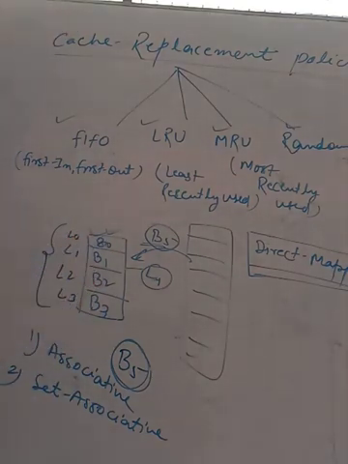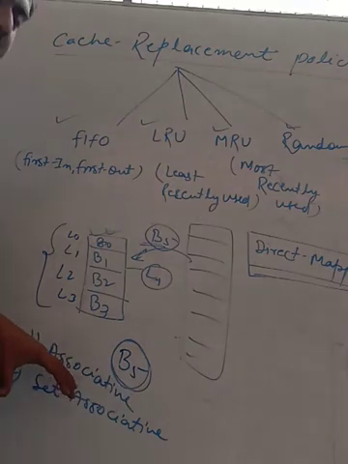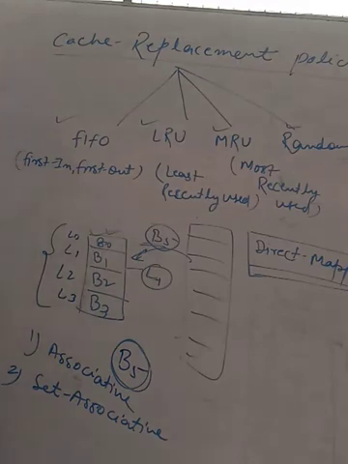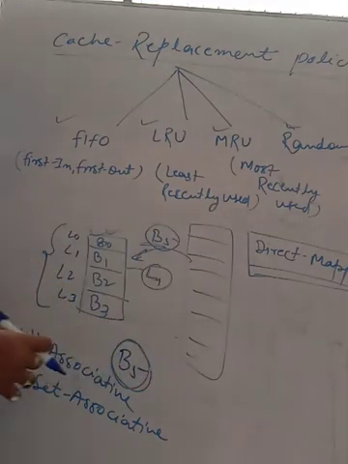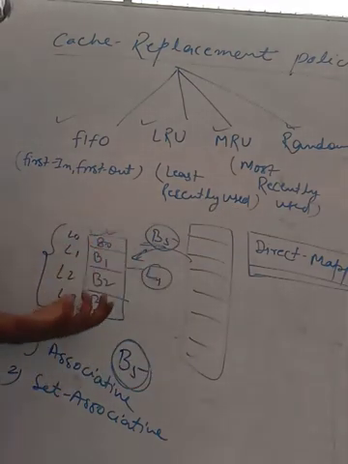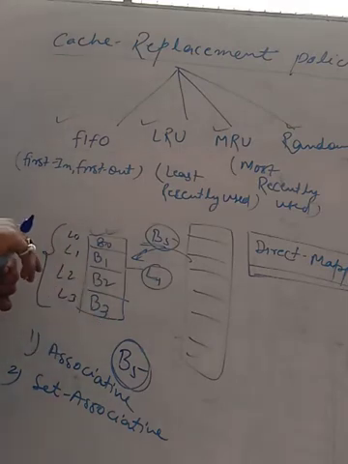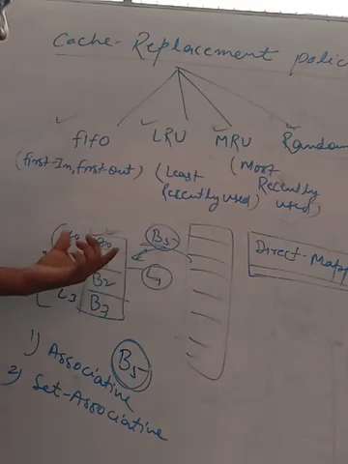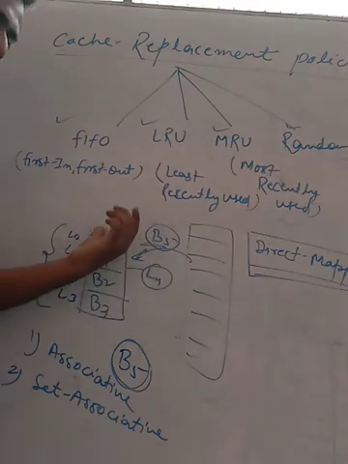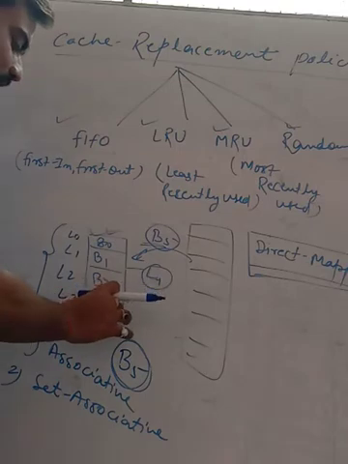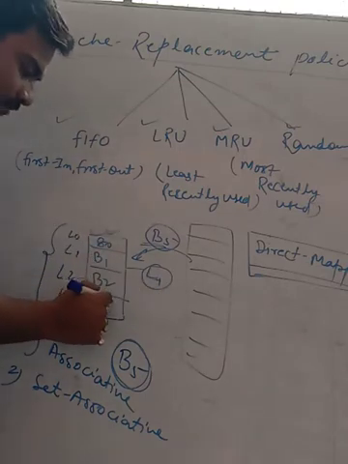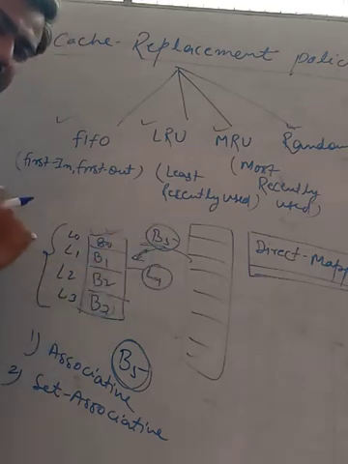In associative mapping there is no fixed allocation criterion, so any block of the main memory can be transferred to any vacant area of the cache memory. We can also replace any filled block with the new reference.